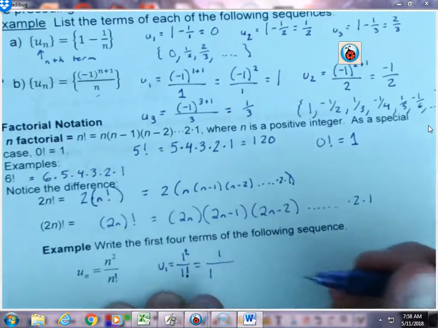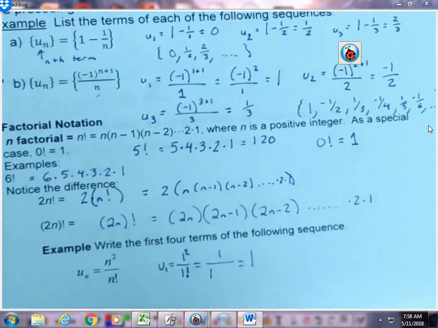That's it, it's just 1. Perfect. That makes it 2.